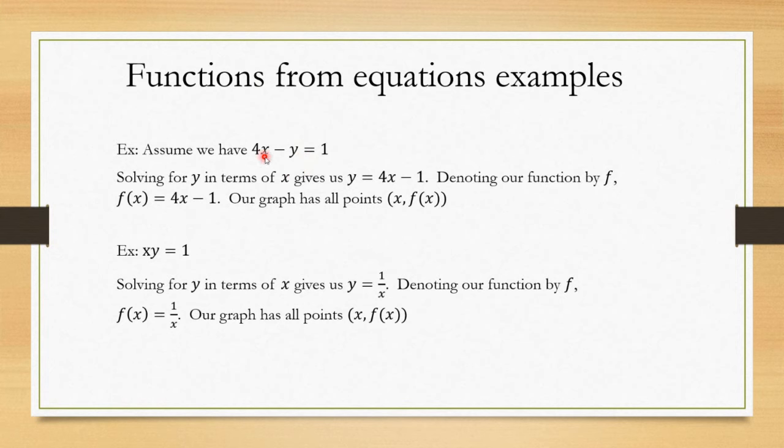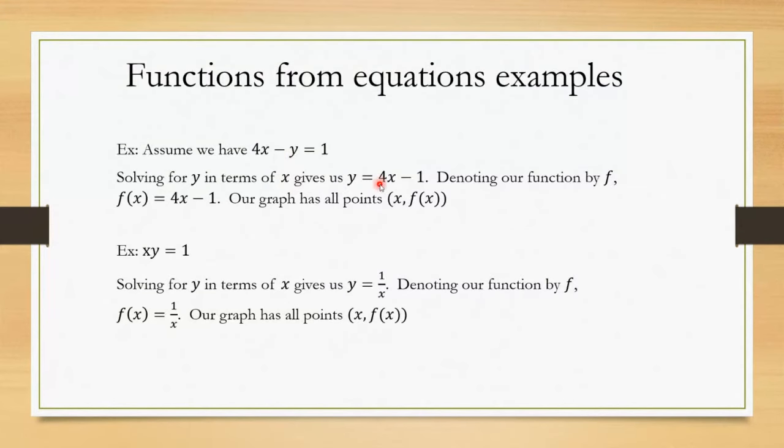Right? Remember, if you have ax plus b times y equals 1, although I guess instead of plus, we have a minus here. But remember, subtraction is the same as adding the negative. So since it's in this form, we know the graph of it is a line. So we know right away that this does give y as a function of x. And here we're solving for y in terms of x, right?